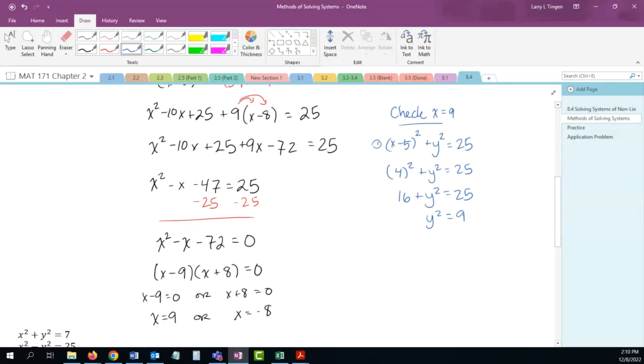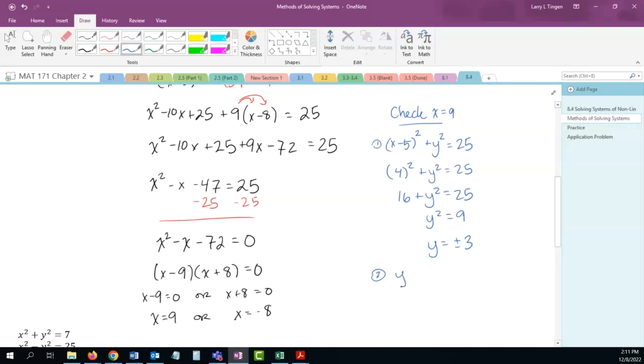Subtract 16 from both sides. y squared is 9. Take square root of both sides. y is positive and negative 3. Right? What about if I plug in x equals 9 to the second equation?